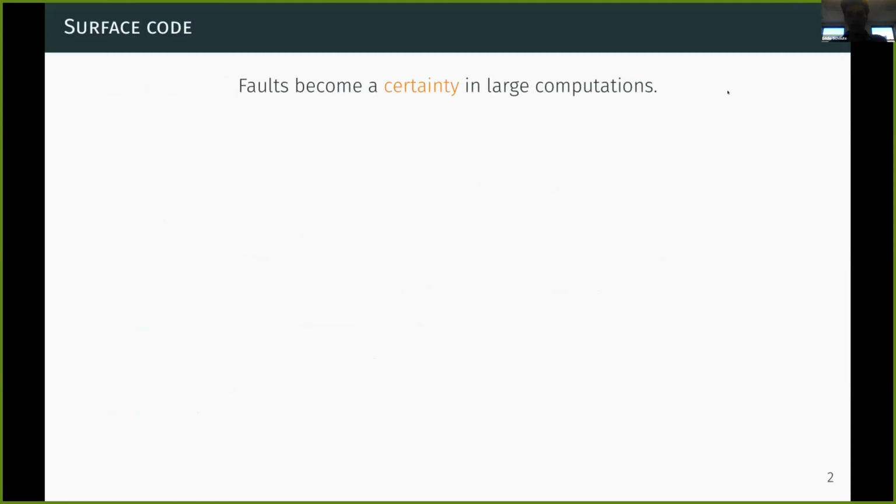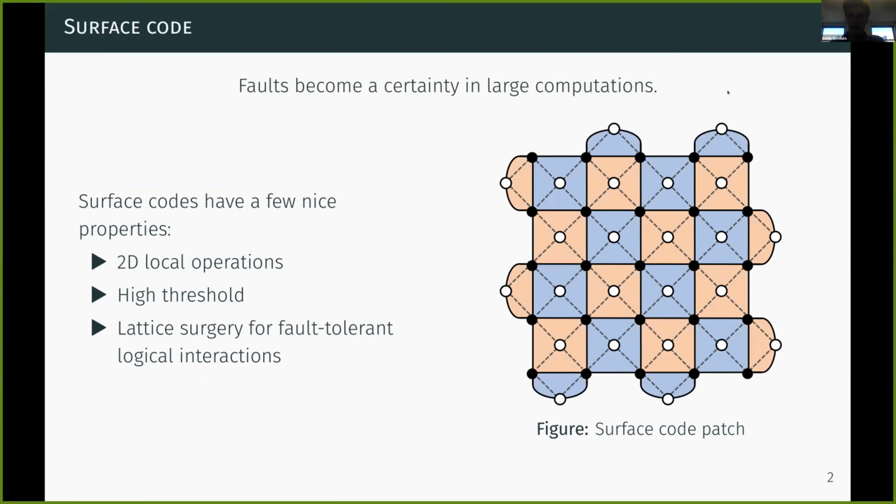So to start off, you may know that faults become a certainty in large computations, which is why we have designed fault-tolerant quantum computations. One way to do that is by using surface codes.